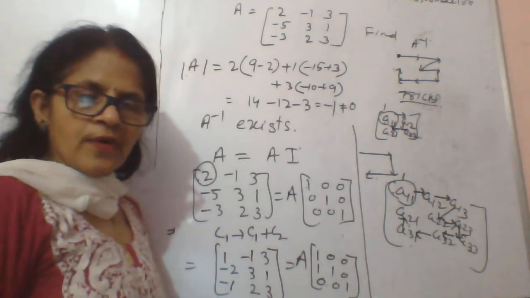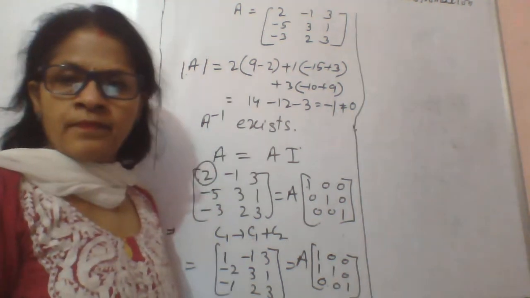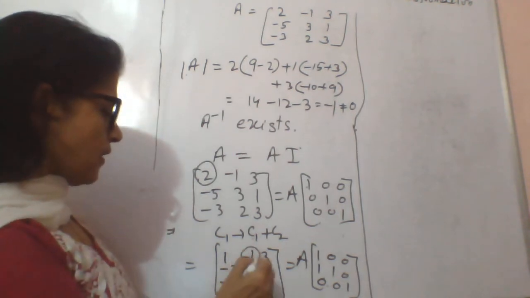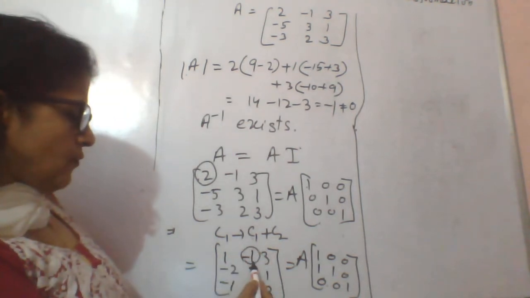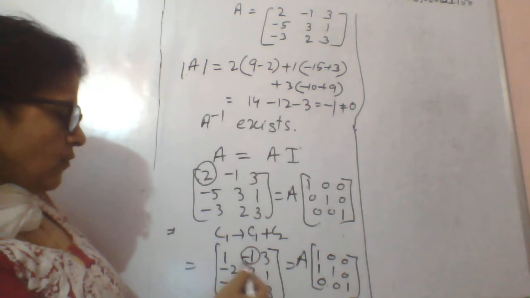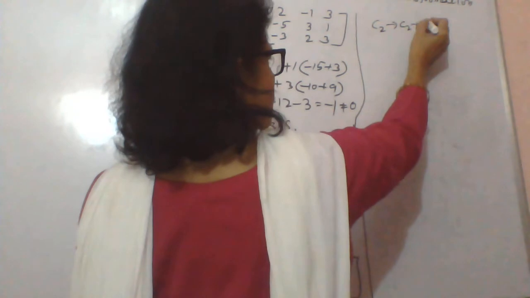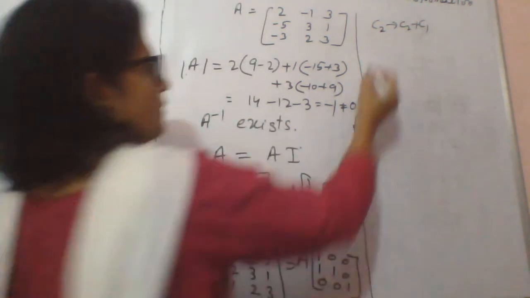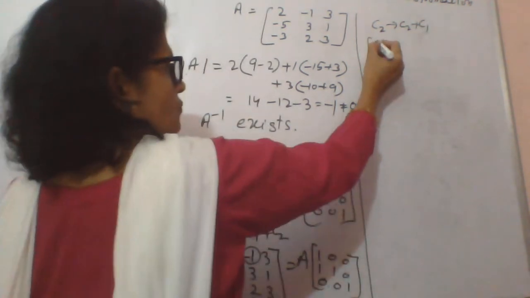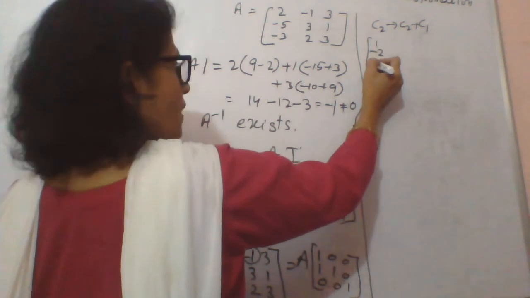Have a look at these columns. Our next target is to make this entry 0. If we take C2 plus C1, I think we can make it 0. So C2 replaced by C2 plus C1. The first column stays 1, minus 2, minus 1.